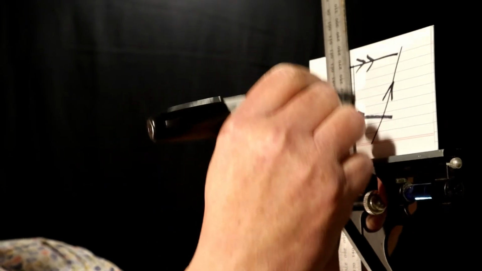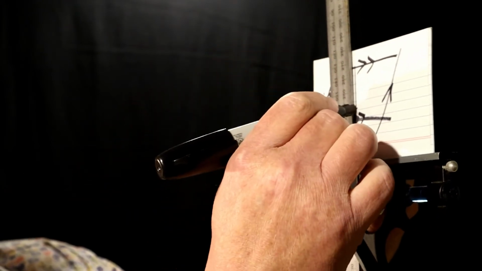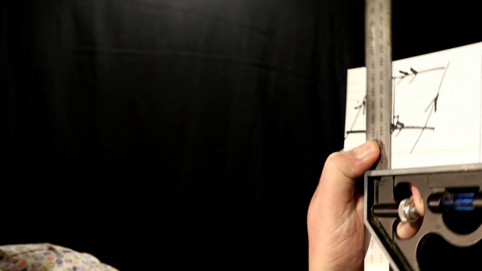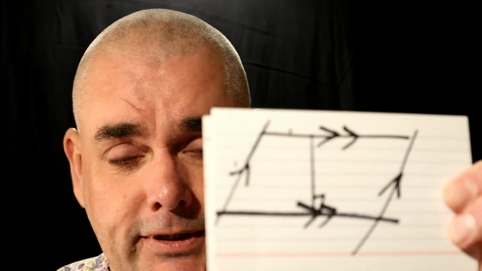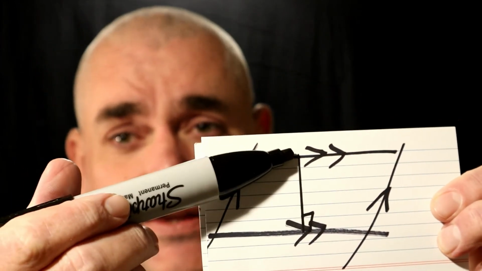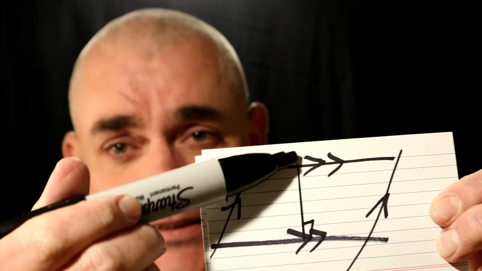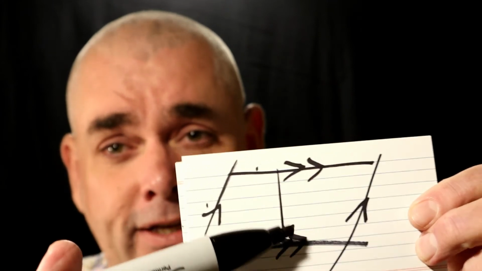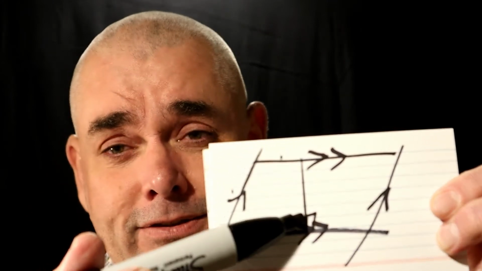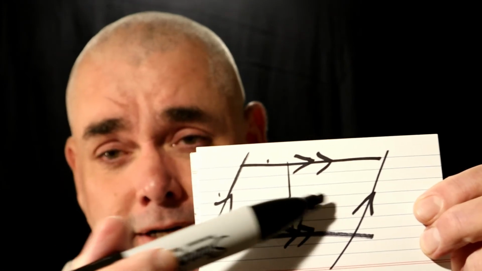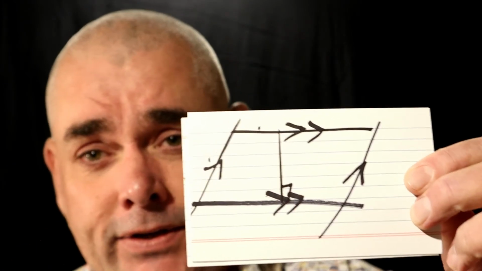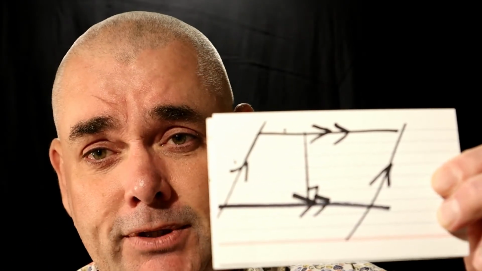What I need to know is the distance between a set of parallel lines here. So I've marked it in, I've used my square, and let's have a look. Did I do a good enough job there? So now this is a perpendicular distance between those two sets of lines. That's the measurement I need to use to correctly work out the area that this shape occupies.